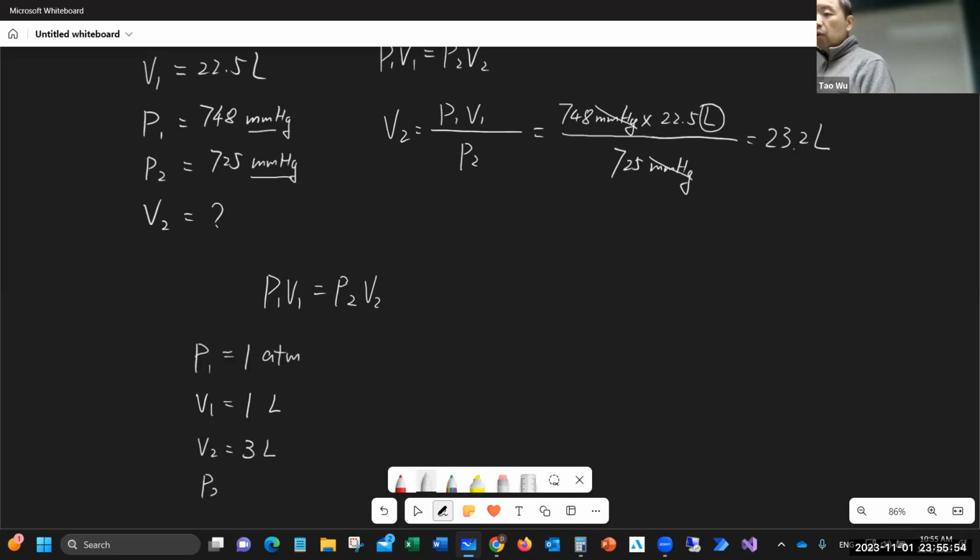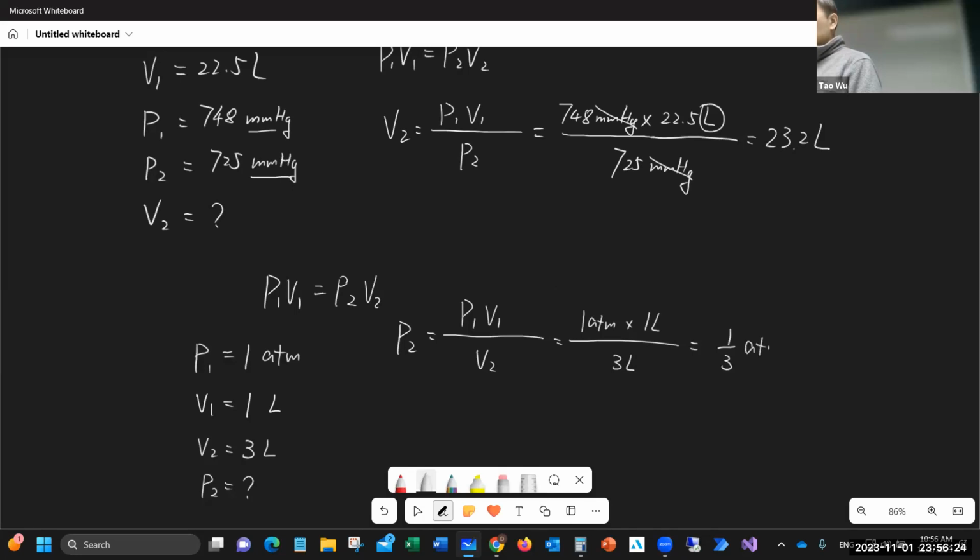Then they are asking what is the P2? So P2 should be equal to P1 times V1 divided by V2. So now you have P1, that's 1 atmosphere, times V1, that's 1 liter, divided by 3 liters. Then you will see the P2 is 1/3 of an atmosphere.